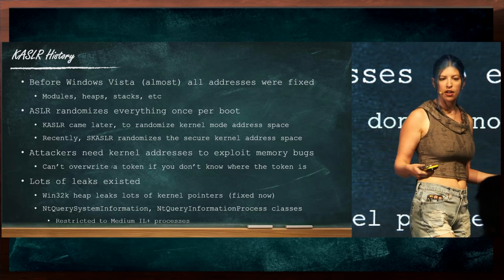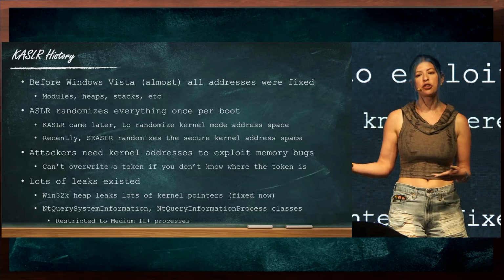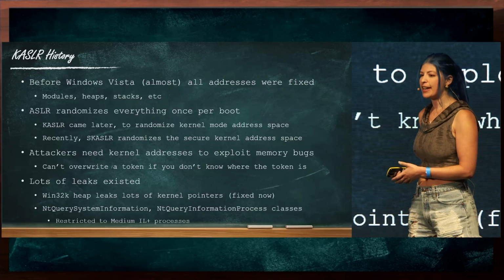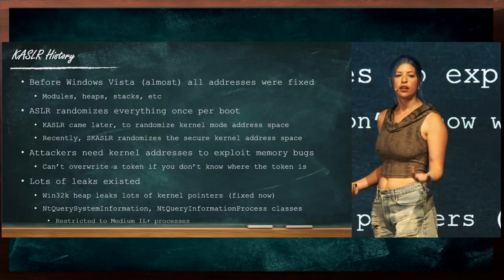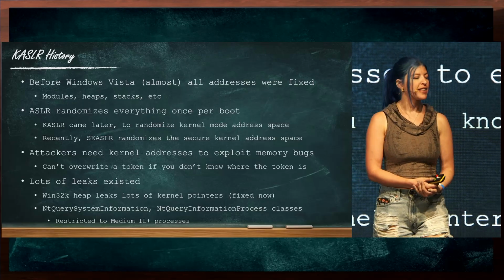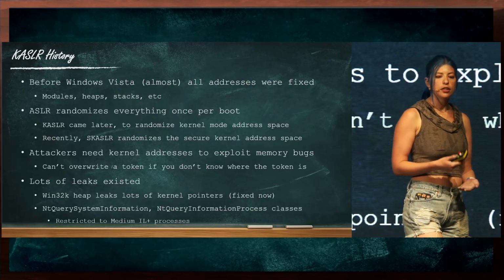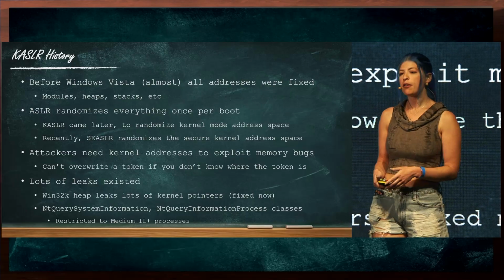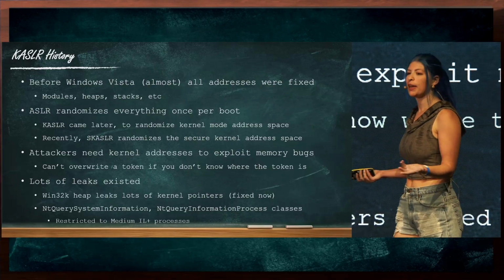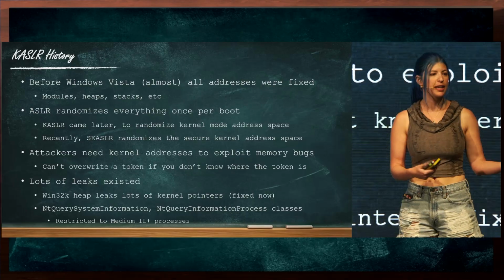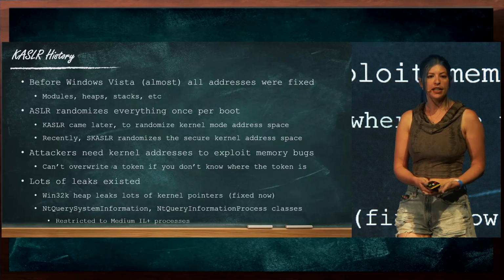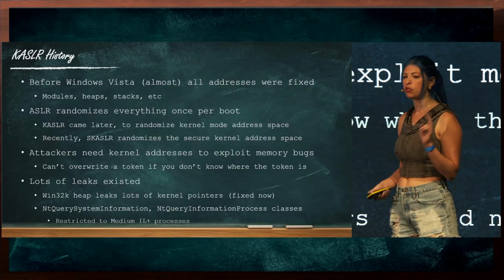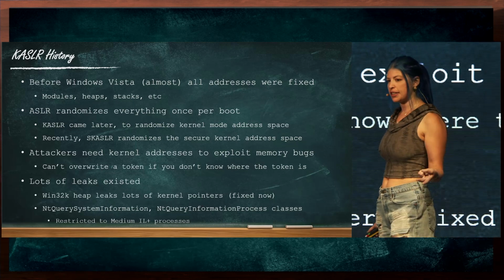It took a while for everything to get randomized. That happened much later, only in Windows 10. But now, modules and pools and everything else are at various addresses. So what does that matter? Because when you have any kind of vulnerability that requires knowing where something is, if an attacker can't know where it is, it means they now need at least two vulnerabilities to exploit a system.